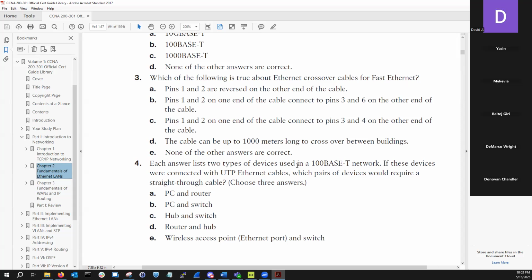So B, C, and E are going to transmit on 1 and 2 and receive on 3 and 6? No. The PC and the wireless access point transmit on 1 and 2 and receive on 3 and 6, while the hub and switch transmit on 3 and 6 and receive on 1 and 2.